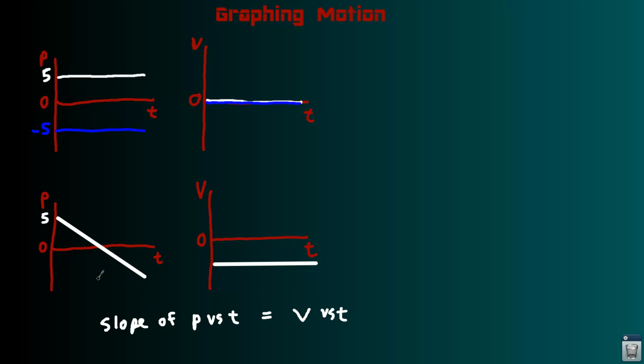The slope of your position time graph tells you the value of your velocity time graph. So if the slope is negative, say the slope of this line is negative 2, just for the heck of it, then your velocity is going to be negative 2. And if your slope is not changing, if it's always negative 2, your velocity is always going to be negative 2.